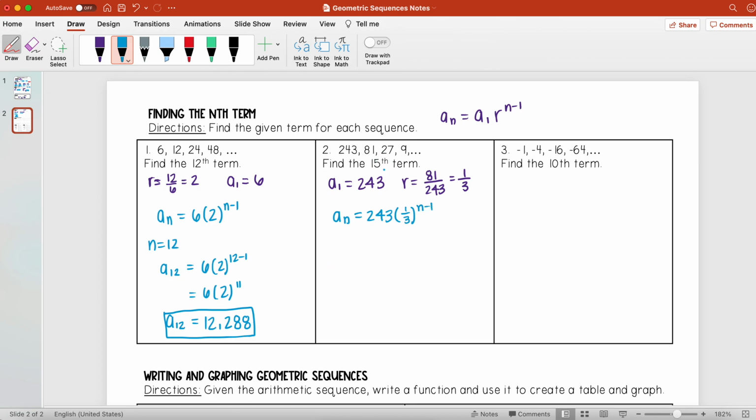But I want to find the 15th term, so that means that n is equal to 15. So I get that A_15 is equal to 243 times 1/3 to the 15 minus 1. So 243 times 1/3 to the 14th.